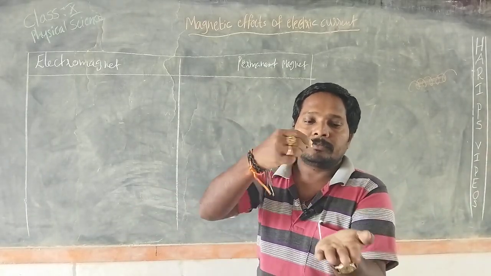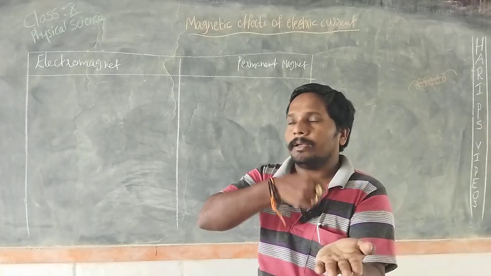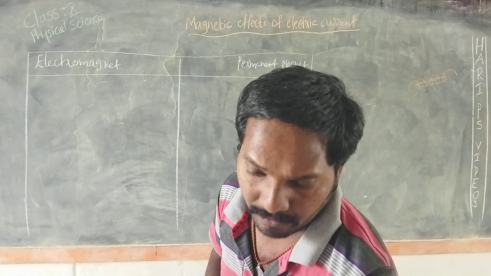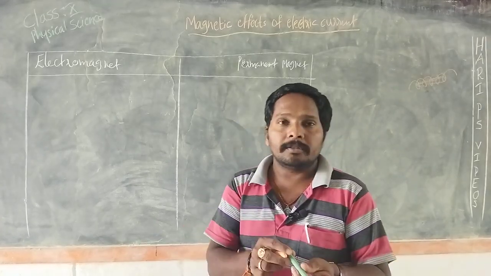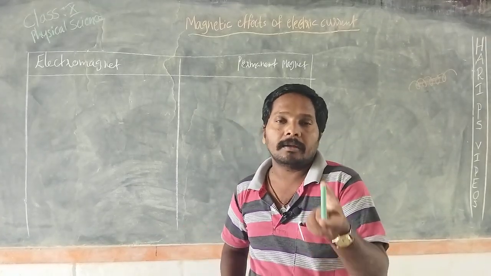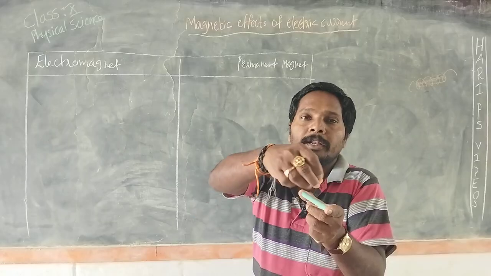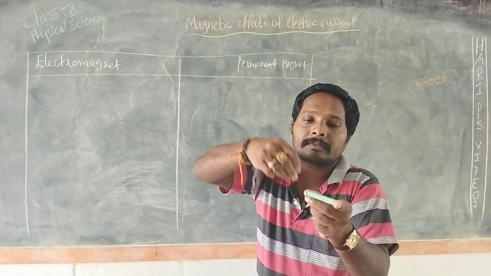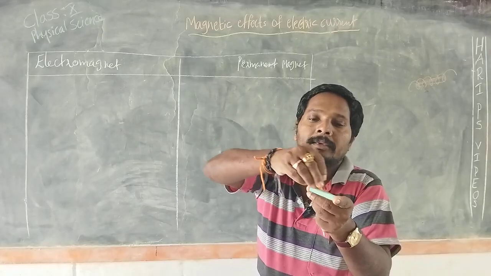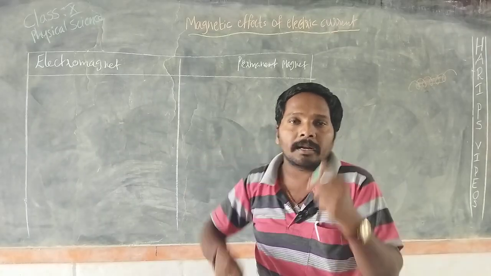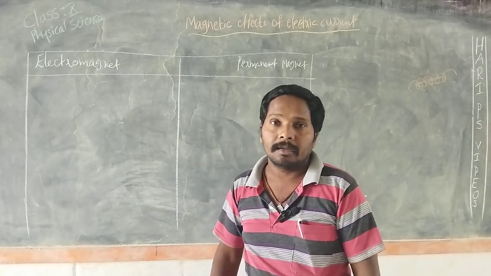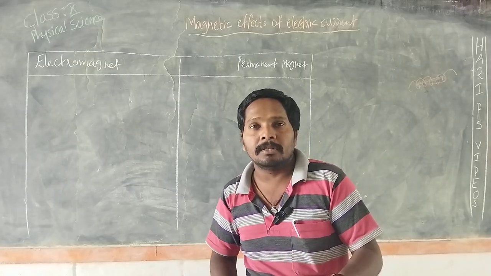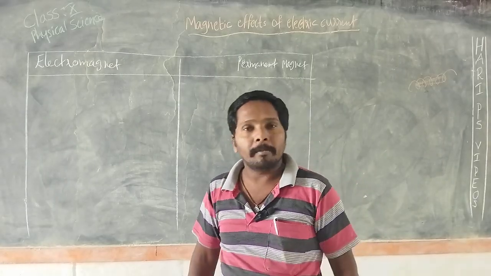If this is an iron nail and we rub it with the bar magnet like this, what will happen? The iron nail acts as a bar magnet.